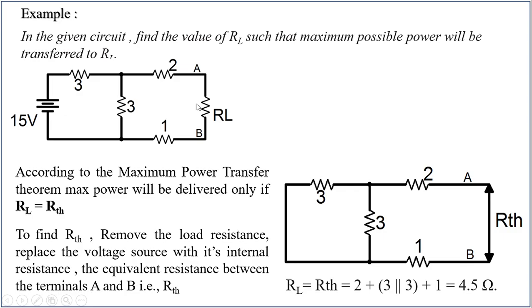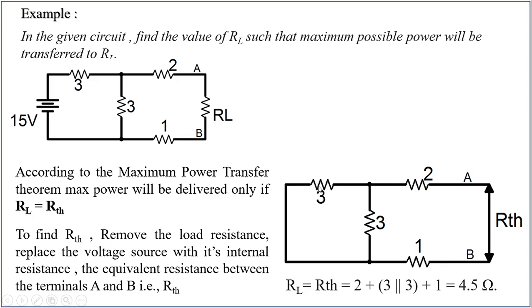In order to find the RTH value, we remove the sources. We remove RL from the network, and we replace the voltage sources or current sources with their internal impedances. Here the internal impedance of this voltage source is not given, so we replace that with 0.